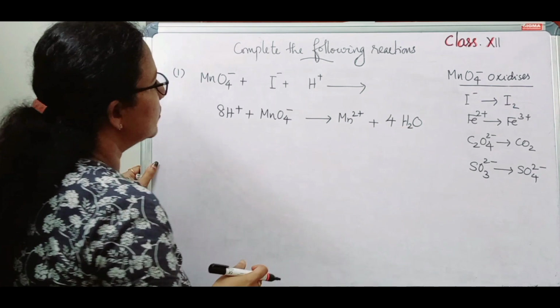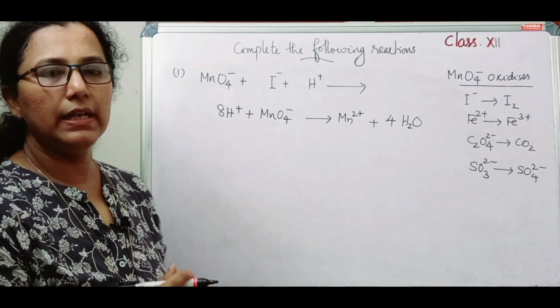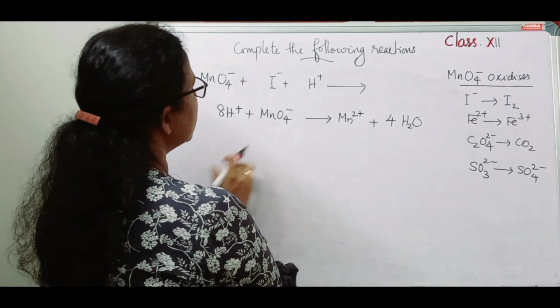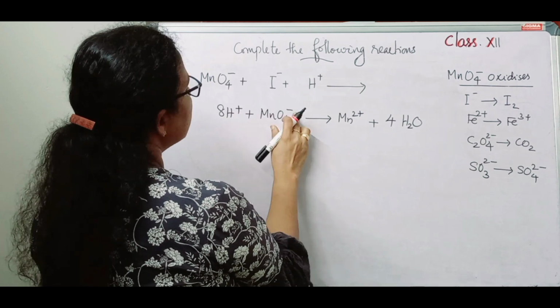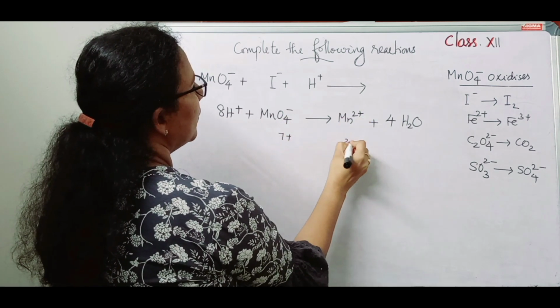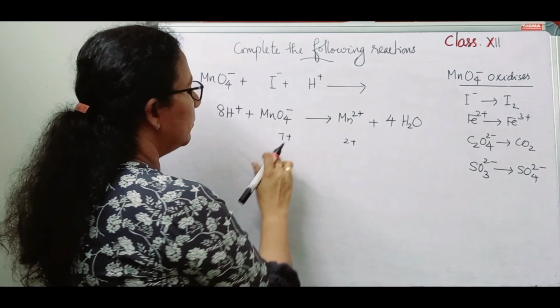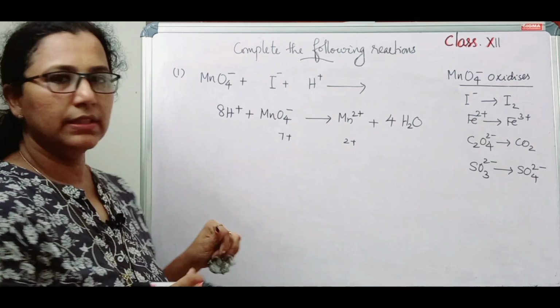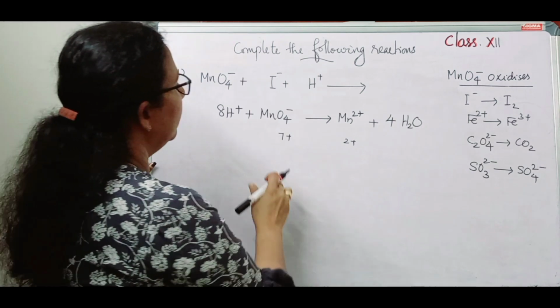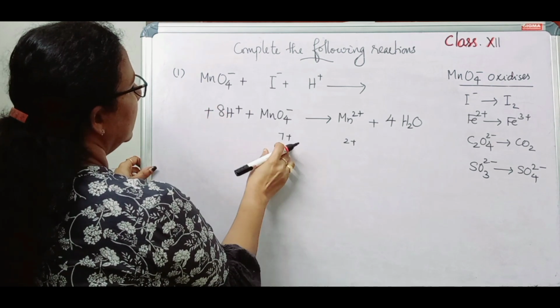Now we need to balance the charge. The next step is charge balancing. Here 8 plus and 1 minus gives 7 positive charge. Here there is 2 positive charge. This is neutral. So we need to balance the charge. For balancing charge, we add electrons. We know the charge of an electron is negative.